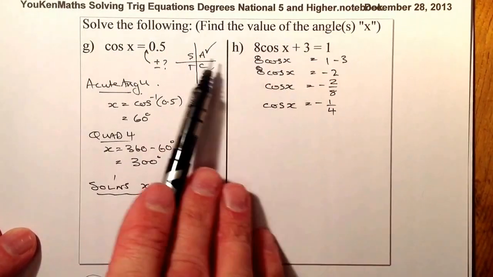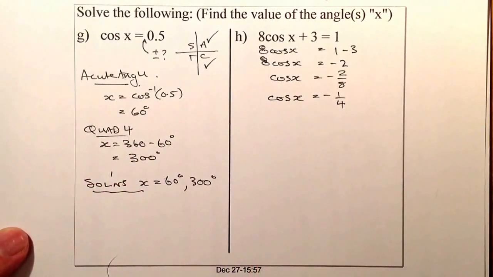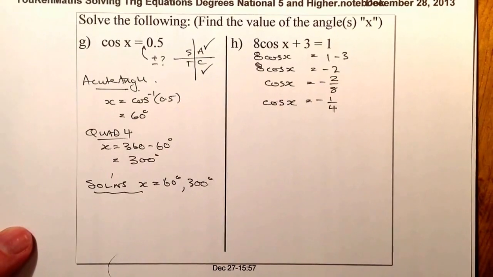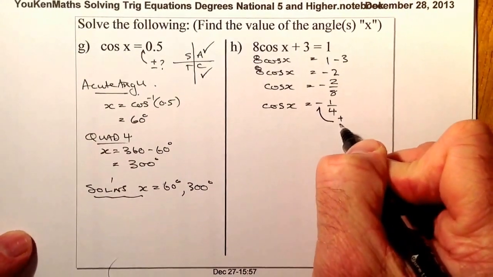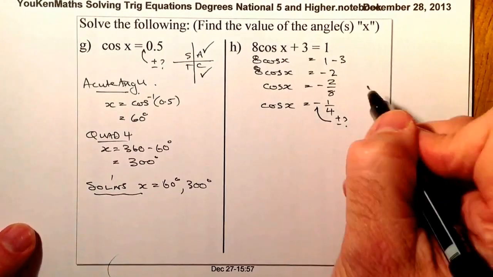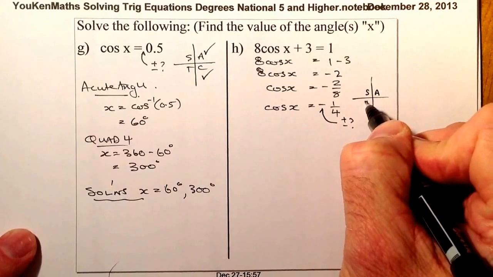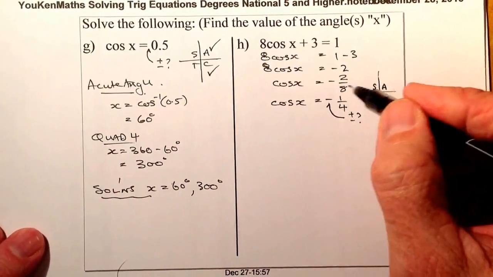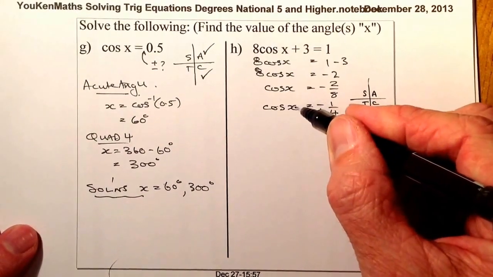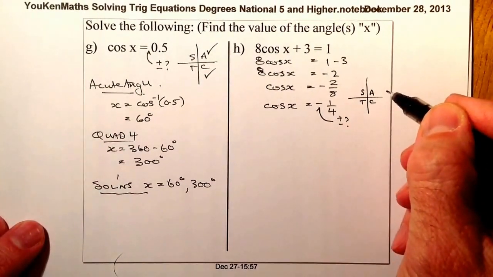So that's as if I'm starting with this question here, but with minus 1 over 4. Right, so I'm looking in here again, so I'm asking myself, is that positive or is it negative? I'm then going to think about the CAST diagram, all, sine, tan and cos, and if that's negative, I'm looking for where the cosine of an angle is negative, and it's going to be where it's not positive.